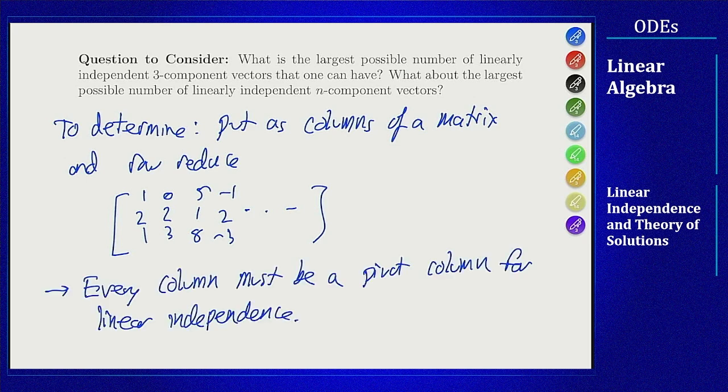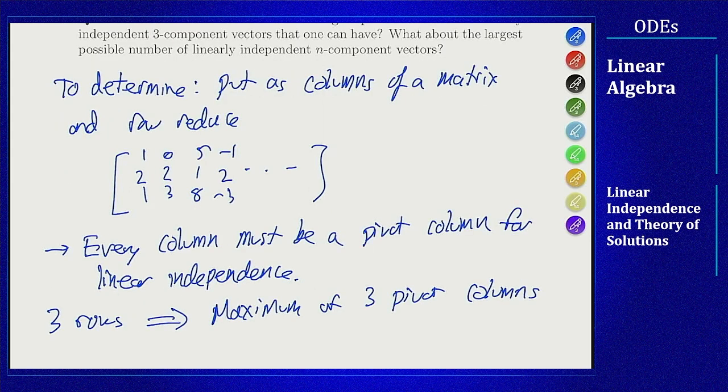So how many pivot columns can this matrix have? Well, a pivot column is determined by a column having in it the first non-zero entry of a given row in the row echelon form. Because there are only three rows in this matrix, I can only have a maximum of 3 pivot columns, because each one must correspond to the first non-zero entry in a row.